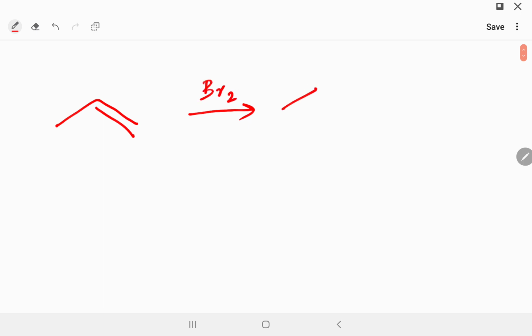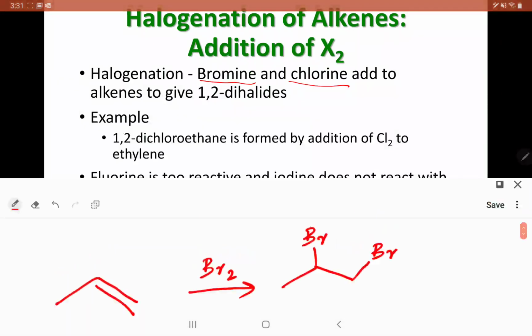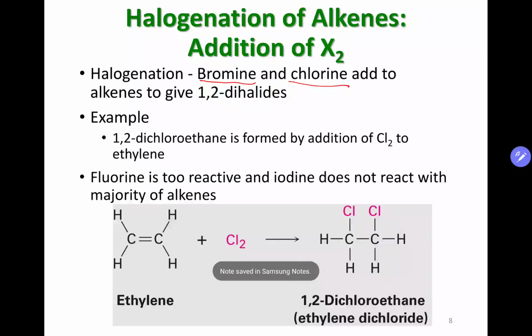What happens is that you get rid of the double bond, and instead the two carbons that share the double bond get a halogen each. Very straightforward and simple reaction. So alkenes get rid of the double bond and then attach a halogen to the sp2 hybridized carbons. No need to worry about the Markovnikov rule.